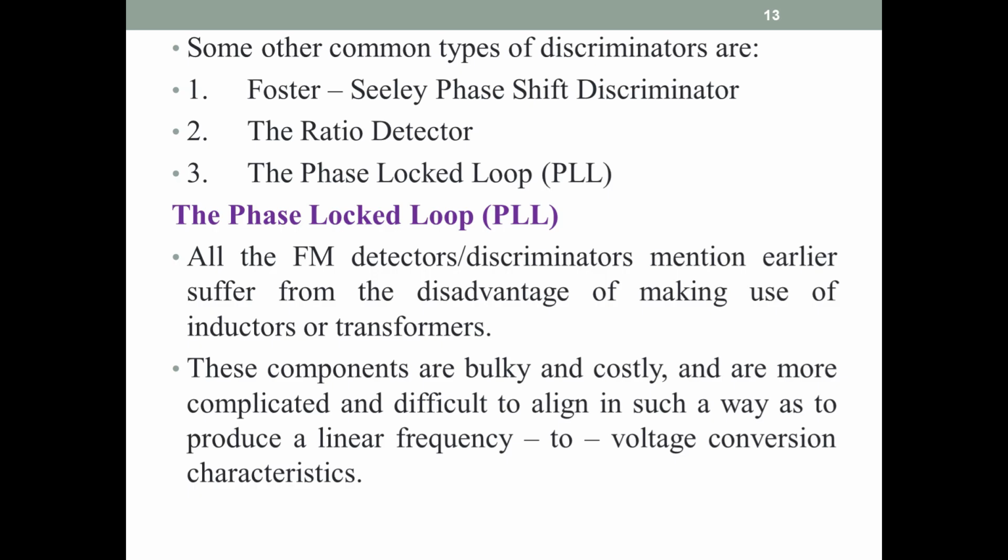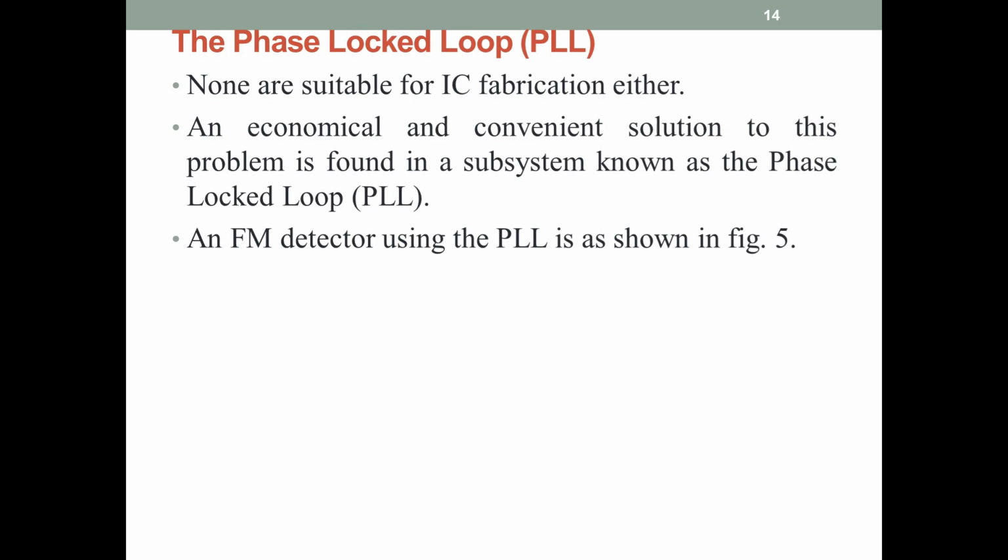All the FM discriminators mentioned earlier suffer from the disadvantage of making use of inductors or transformers. These components are bulky and costly and are more complicated and difficult to align in such a way as to produce a linear frequency to voltage conversion characteristic. None are stable for IC fabrication either.